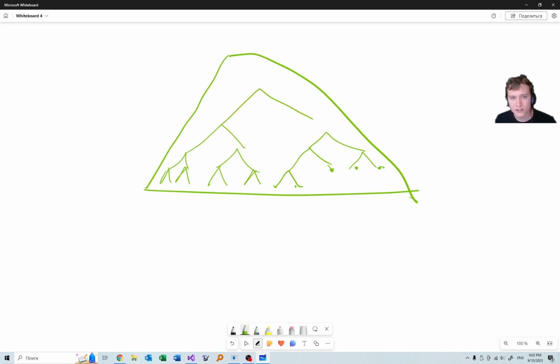So we have a binary tree, and in each vertex we try all numbers from 1 to m, and we consider all paths.